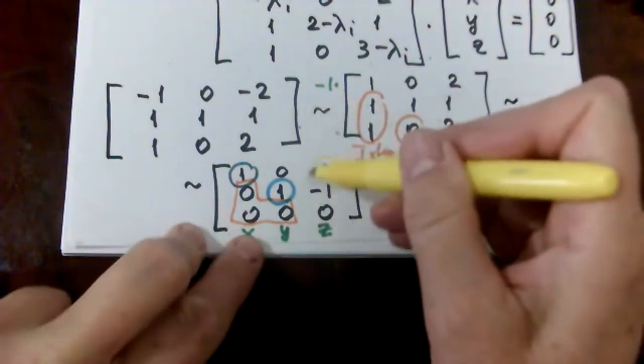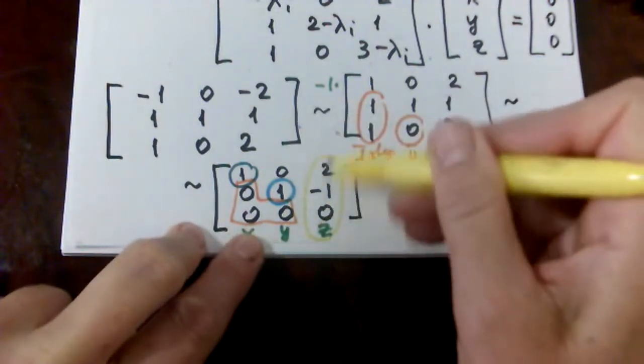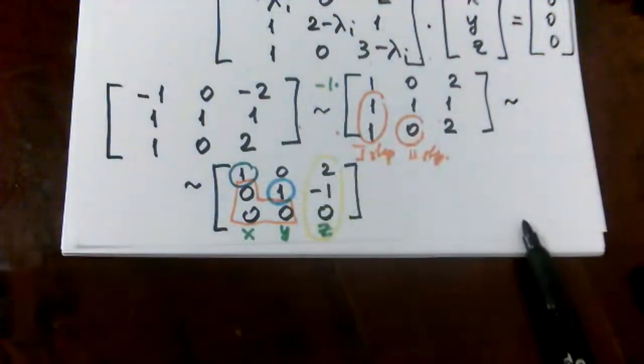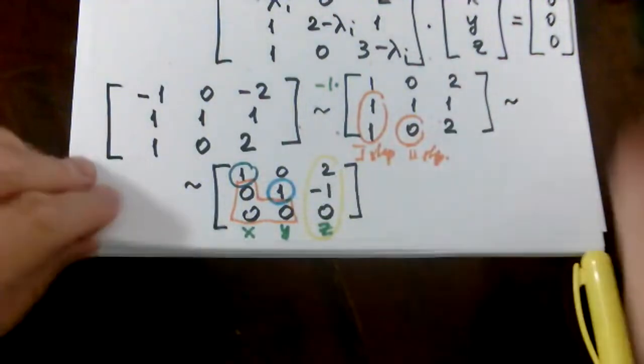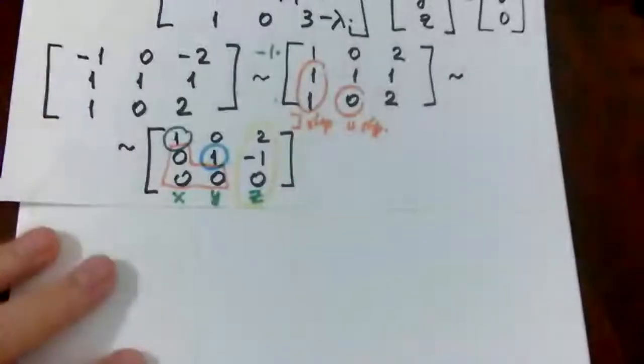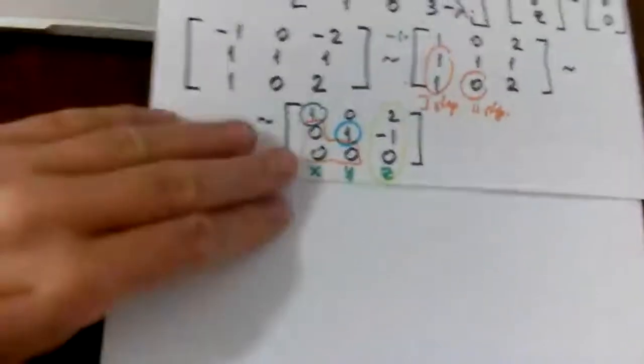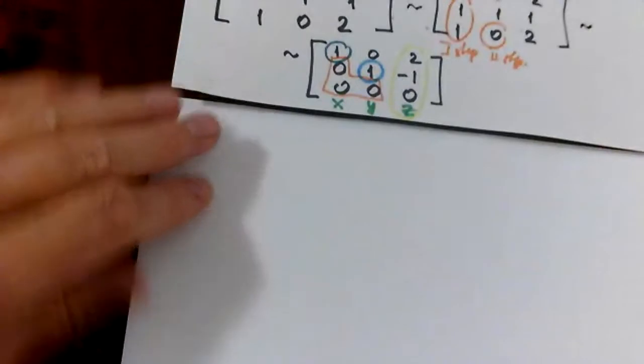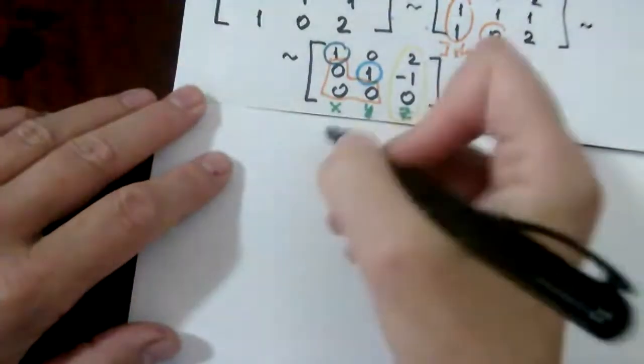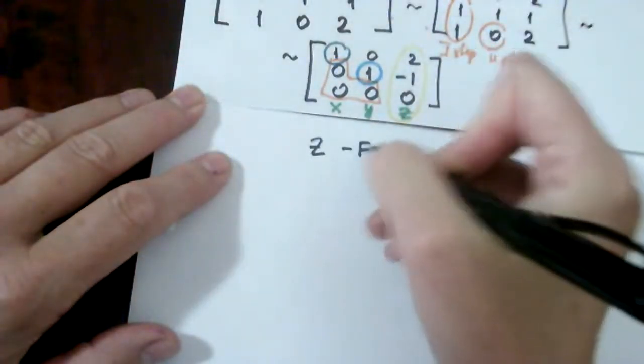As you can see, it's only the third column which doesn't contain any leading elements, which are circled in blue. That's what we are looking for. What does it give us? Okay, I need to switch to the next page, unfortunately. I need this matrix to be still in view. Looks pretty fine. So it means that Z is a free variable. Z is a free variable.